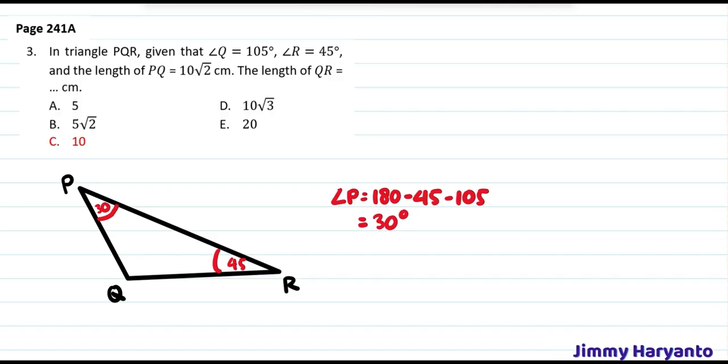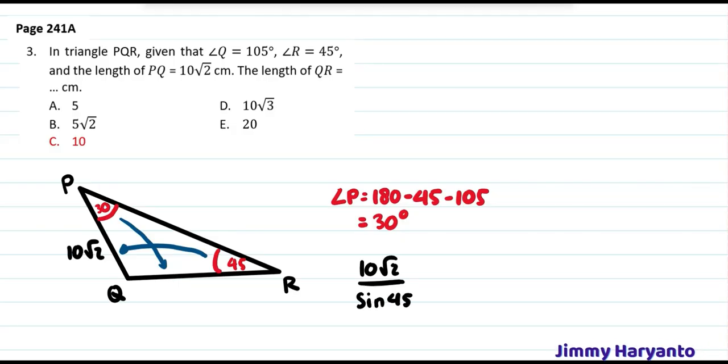And then PQ is 10 square root of 2. The question wants you to find the length of QR. In this question, we have two angles. That means sine rule. It will be like that. So 10 square root of 2 over sine 45 equals QR over sine 30.